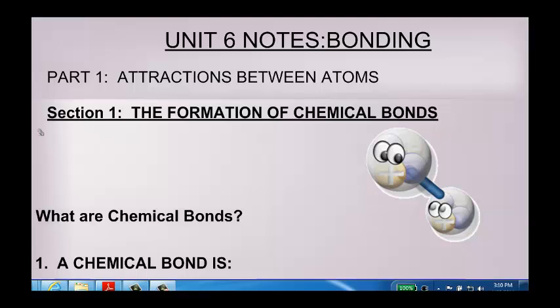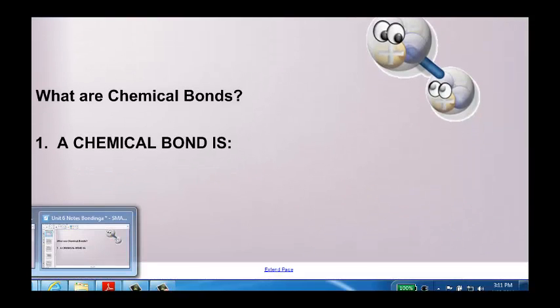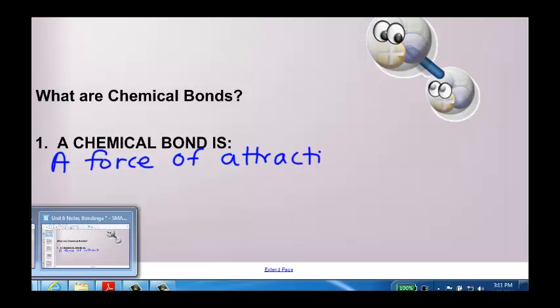It used to be that I thought a bond was a physical structure, kind of like a toothpick between atoms, and the reality is that that is not what bonds are. A chemical bond is really a force, a force of attraction between two atoms.